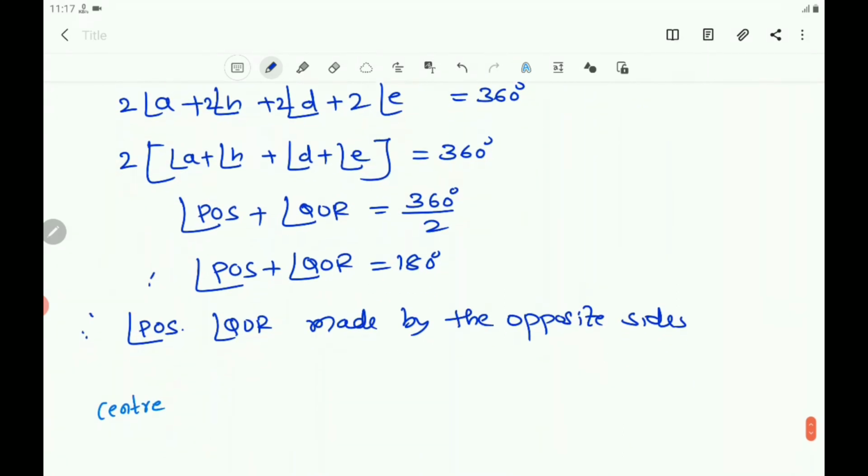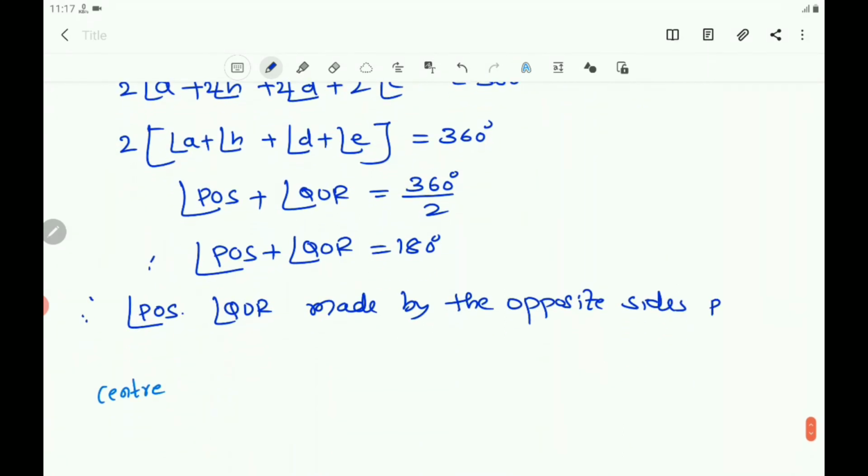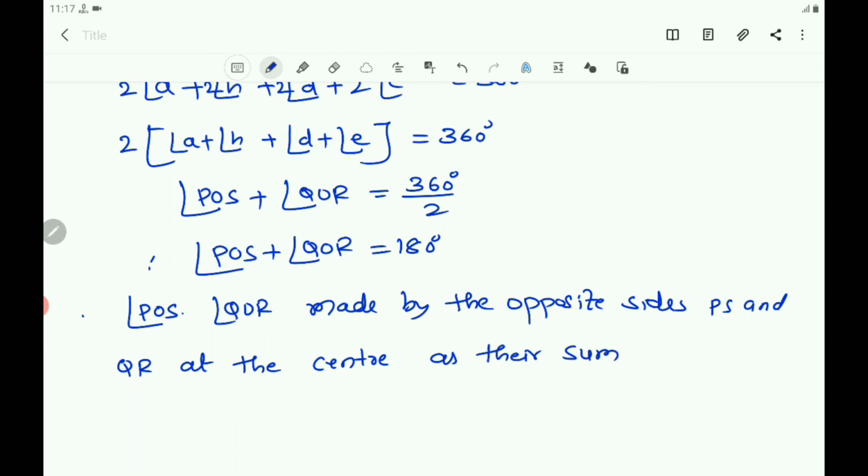PS and QR, at the center. As their sum is 180 degrees, they are supplementary.